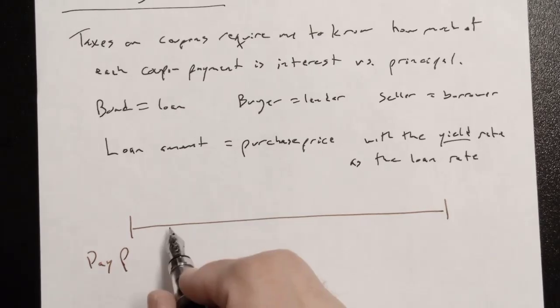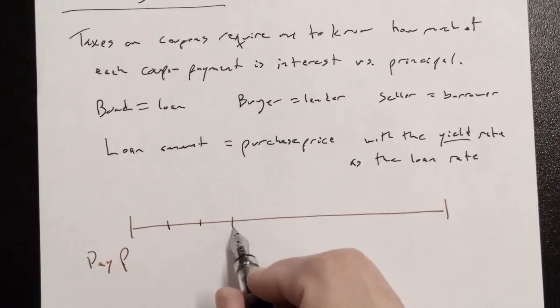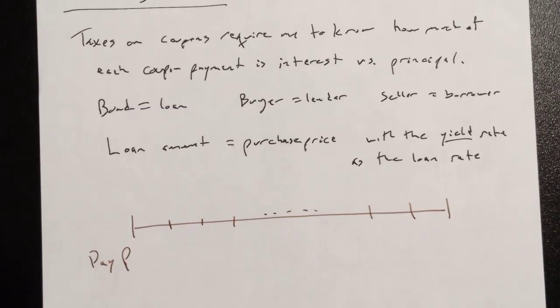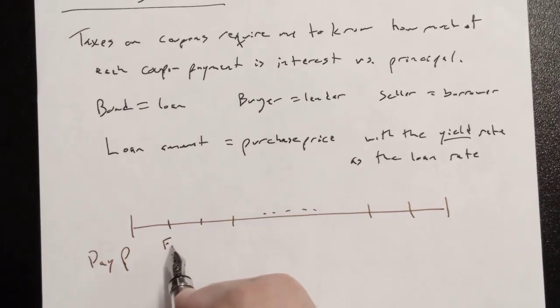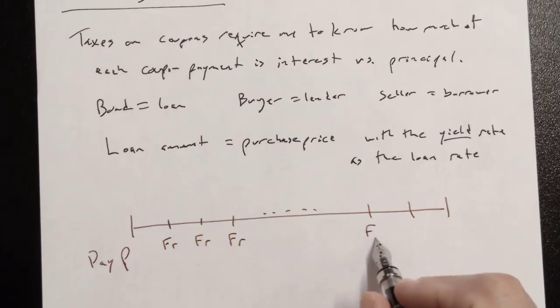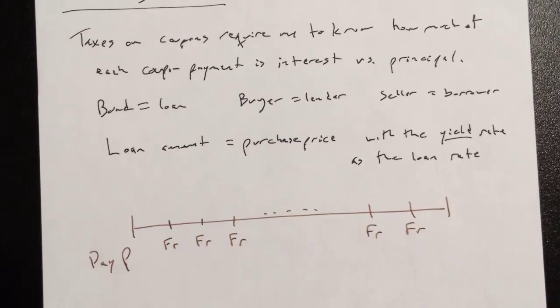And I'm going to get coupons until here. So all of these payments are coupons. Face value times the coupon rate R. What's my last payment?